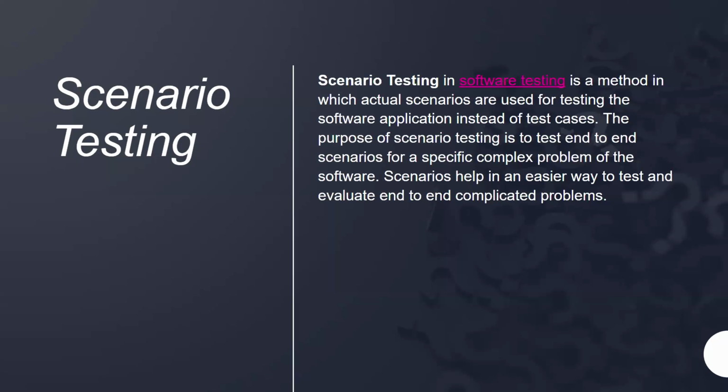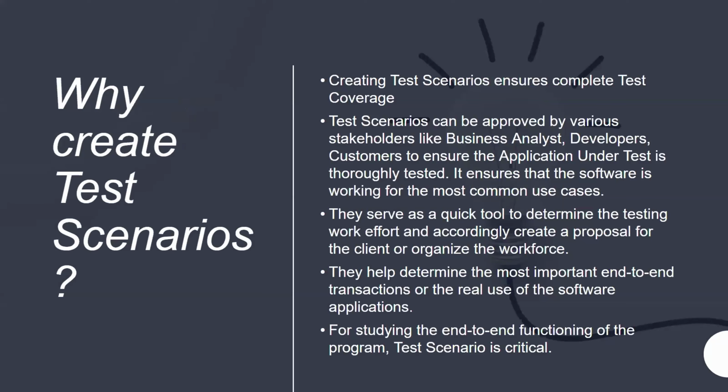The purpose of scenario testing is to test end-to-end scenarios for a specific complex problem of the software. So you're looking at the application end to end. Scenarios help in an easier way to test and evaluate end-to-end complicated problems. That's why I said you need to cover the application holistically, right? So look at scenarios that could actually happen, from the happy part and also from the negative parts.